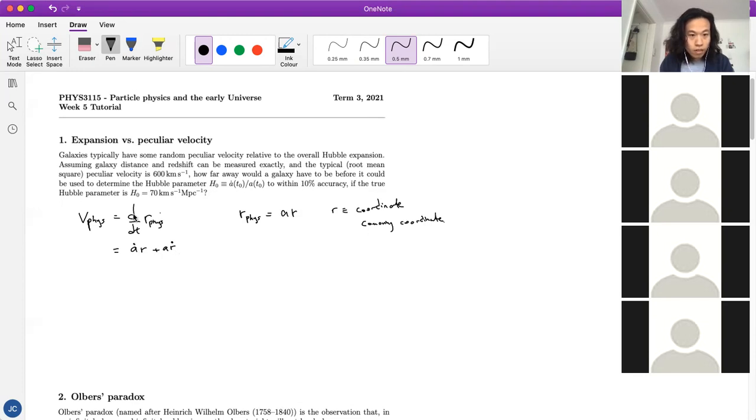Dot is just the time derivative d/dt. And now just doing a little bit of algebraic manipulation, just adding an extra a in the denominator here, and then putting that here together, and then plus a r dot. Then we can easily associate this thing as the Hubble rate, the Hubble parameter, so H, and then this thing is just the physical distance, so r_phys.